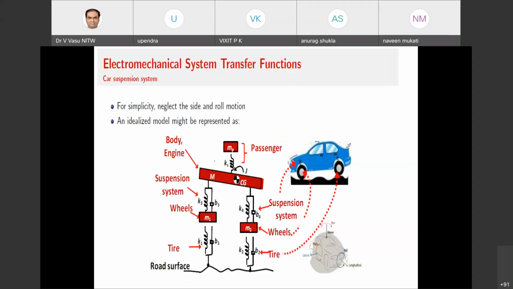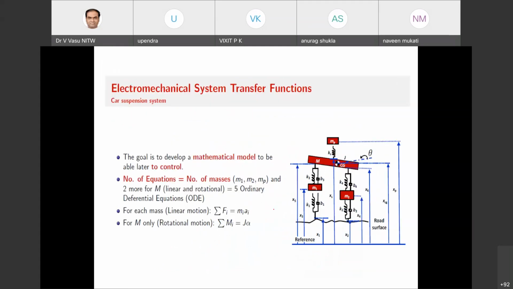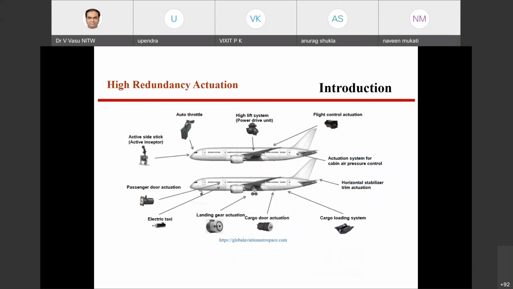If you want to design this particular suspension system, we can represent it in mathematical form, get these equations, and by solving them we get the result.